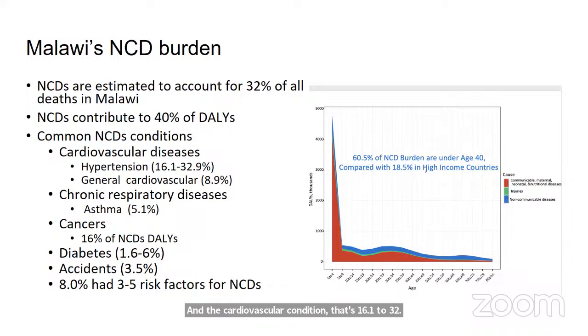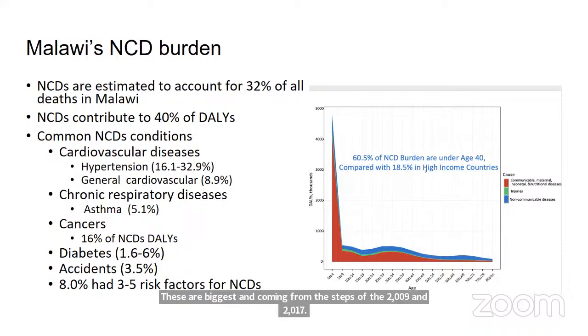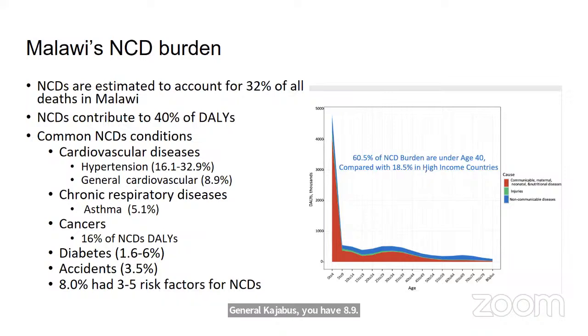These are figures coming from the STEPS survey 2009 and 2017, and general cardiovascular at 8.9. Our chronic respiratory is at 5.1 for asthma, and cancers contribute 16% of NCD deaths. Our diabetes is at 1.6 to 6%, with accidents at 3.5.